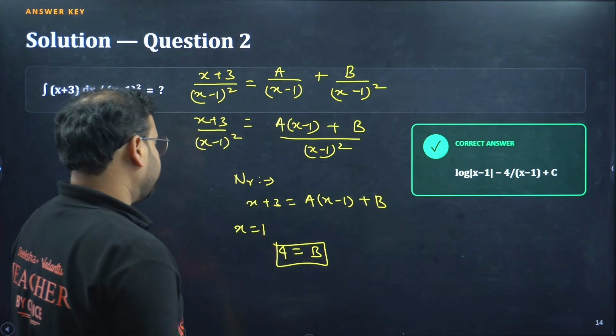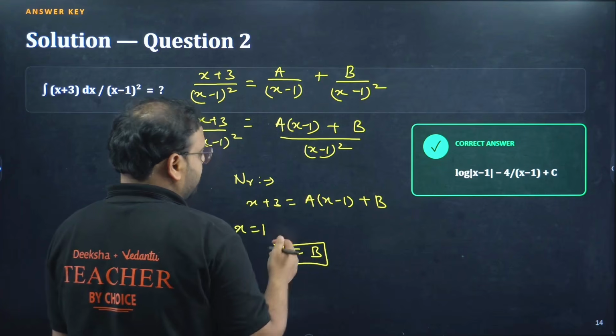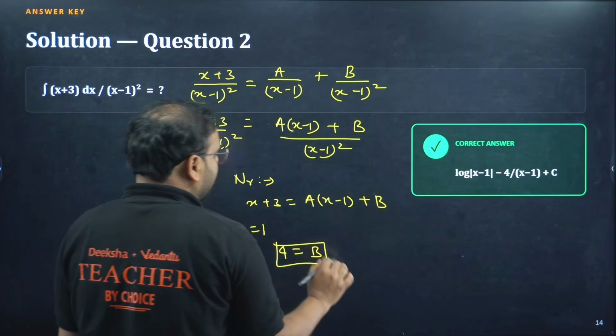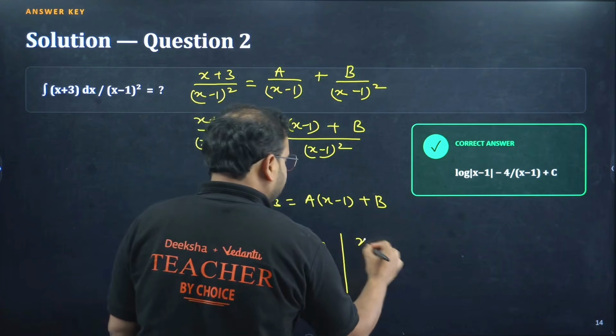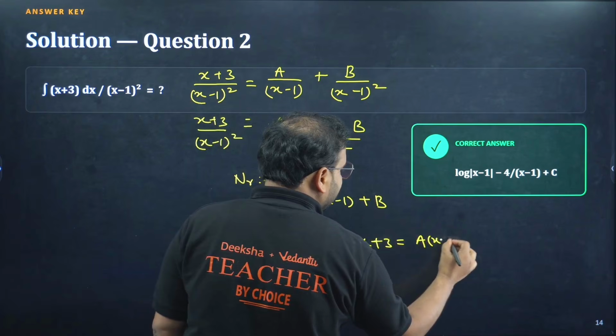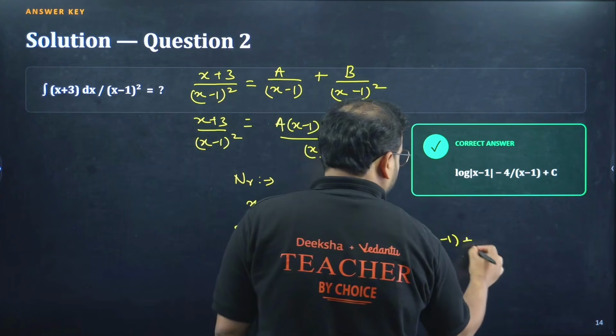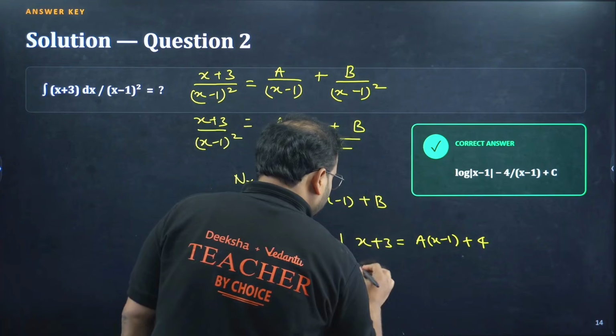All right. Let's compare the constant term now. Let's put x as 0, because b we know now it is 4. So we'll write this again: x plus 3 equals a times (x minus 1) plus 4. Now put x value as 0.